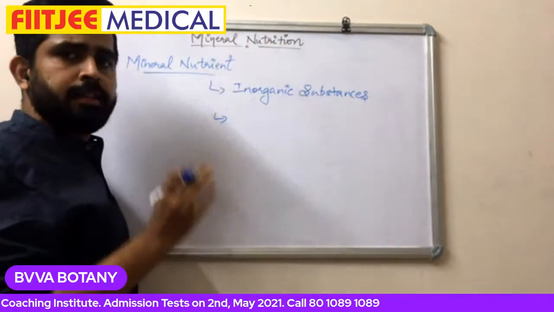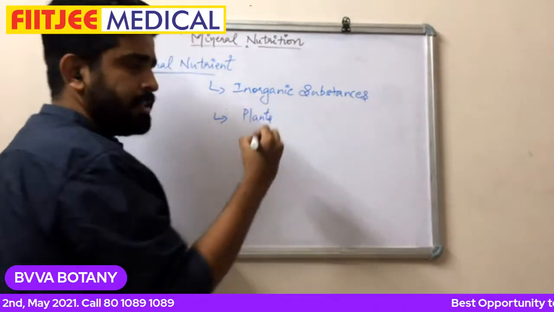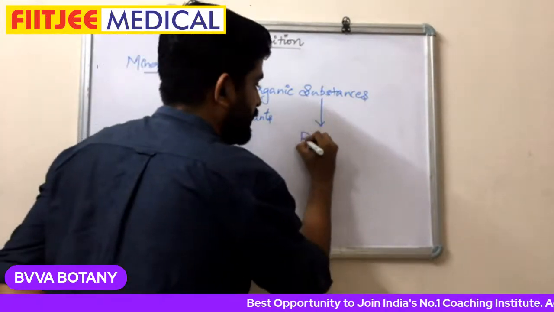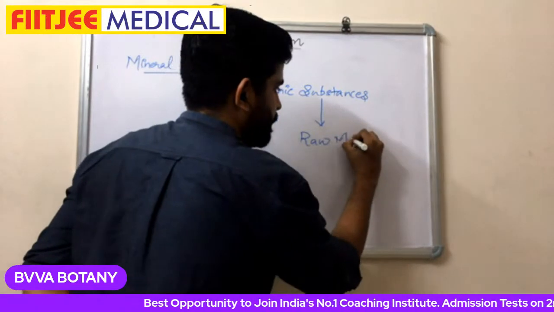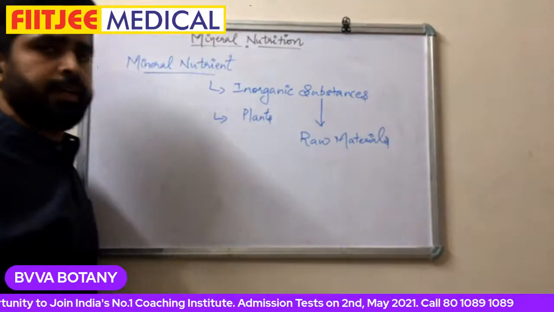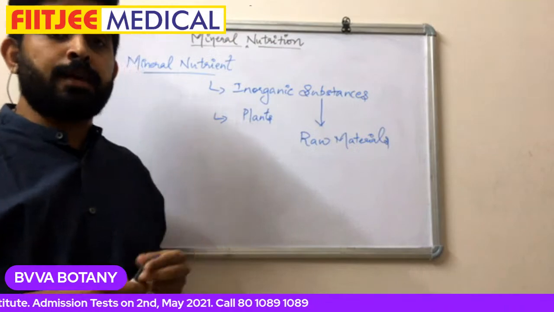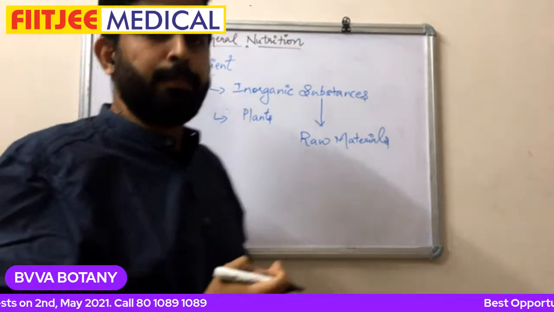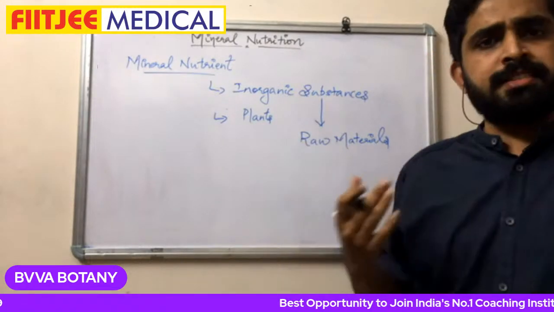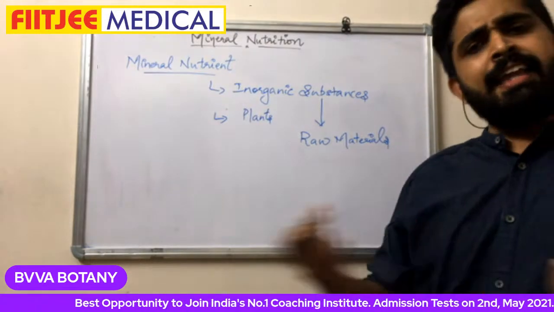But since our chapter is about plants, we'll say they are taken by the plant, and they serve as raw materials for the synthesis of substances within the plant, such as structural parts, various enzymes, or constituents of the cell, anything it can be.